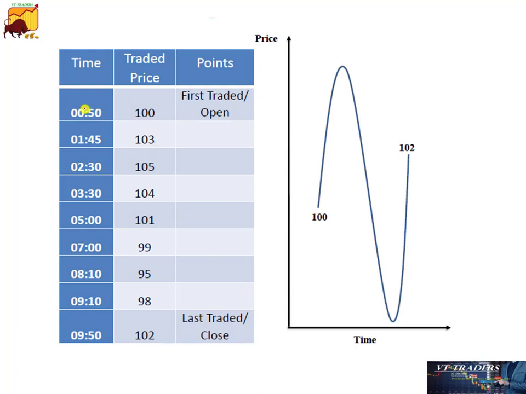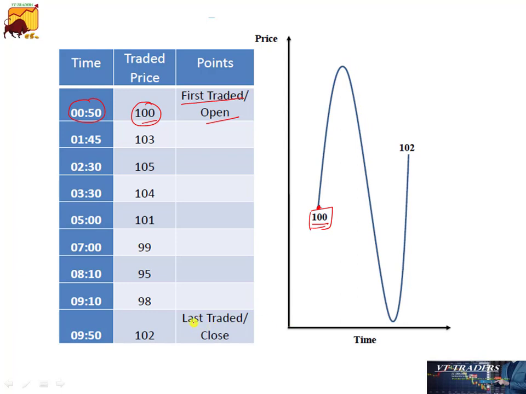At 50 second, the first traded price, or open price, is 100. After that, some trades occur at 1 minute 45 second, 2 minute 30 second. Gradually the price is increasing, and gradually the price is decreasing.